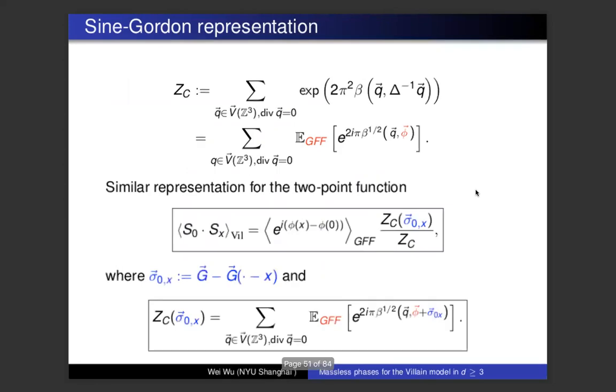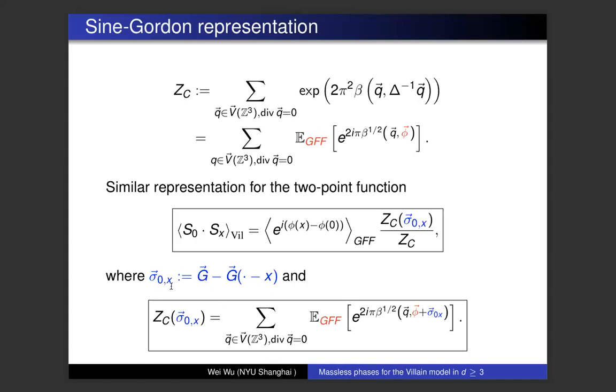This is for the partition function, but we also have something similar for the two-point function we want to study. If we want to study the two-point function, it's going to be e to the i theta 0 minus theta x. Basically the same argument carries through, except that we will end up with a source at 0 and a sink at x.